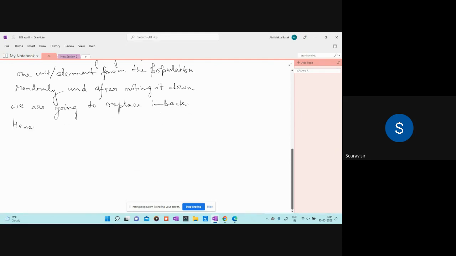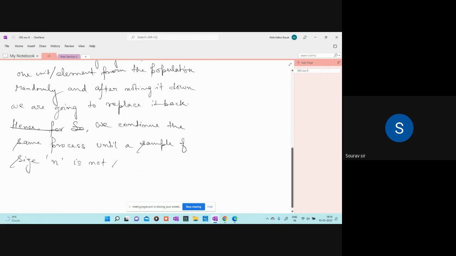Hence, we continue the same process until a sample of size n is selected.